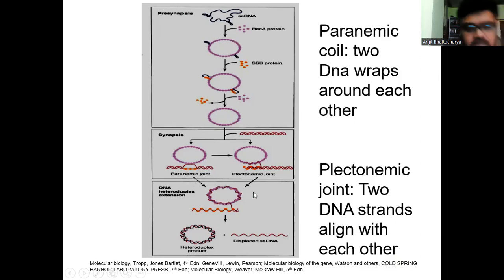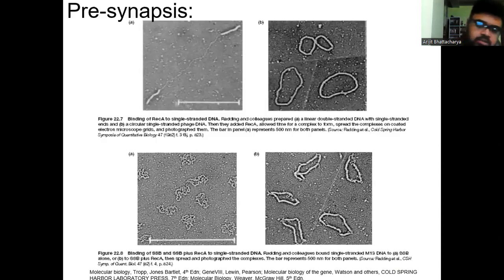So, as you can see here, in both paranemic and plectonemic joints, the target DNA is snatched by the RAK-bound DNA, and thereby they can form a double helix heteroduplex, and this can result in a displacement of the single-stranded DNA. So this particular model actually supports what was proposed by the Holiday model or by some other models, that RAK can actually mediate strand invasion and strand displacement.